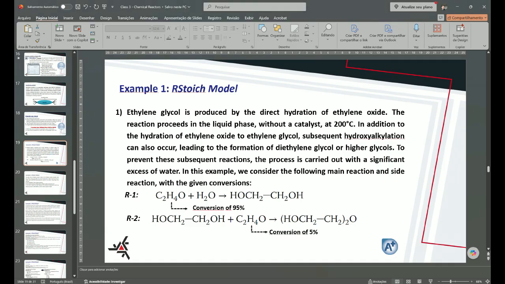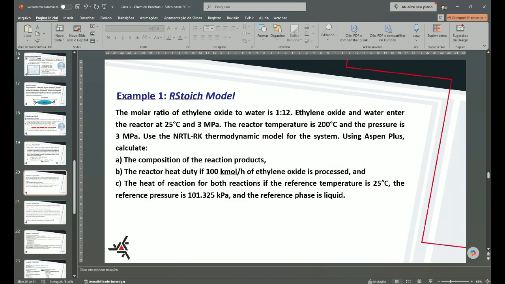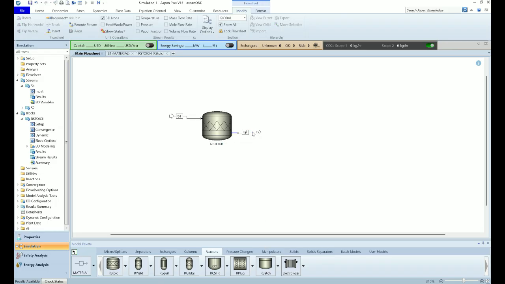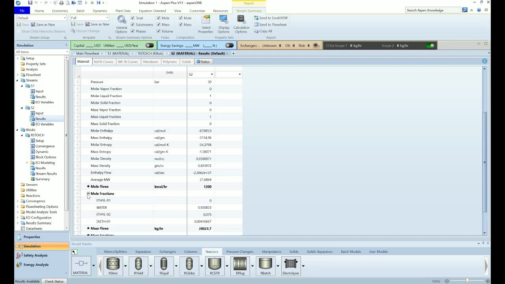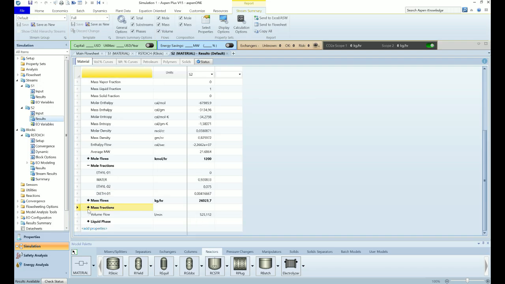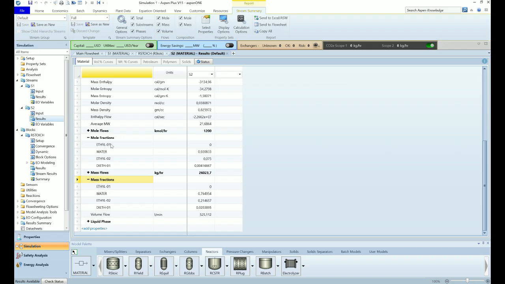Results available. Let's check our results. The first result is the composition of the reaction products. We can check here, clicking on the products stream and checking the composition in mole fractions or mass fractions, and we can check that all ethylene oxide was consumed as expected, because summing the conversion fraction for both reactions we have 100% conversion, and we produced our products, the ethylene glycol and the diethylene glycol.